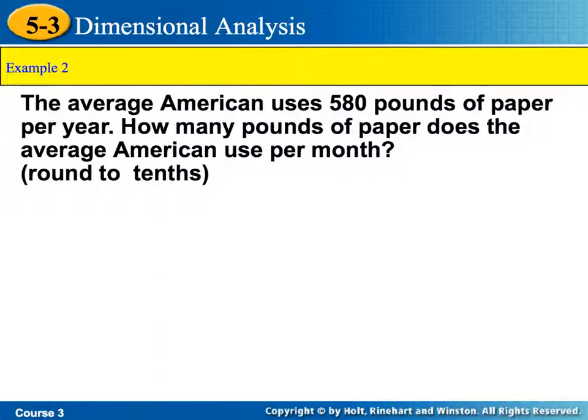The very first thing I want to do is put the 580 pounds of paper per year as a rate. So how could I put 580 pounds of paper per year in a rate? Well, I take 580 pounds of paper, and I'm just going to do 580 pounds over 1 year. We want to convert this into months.